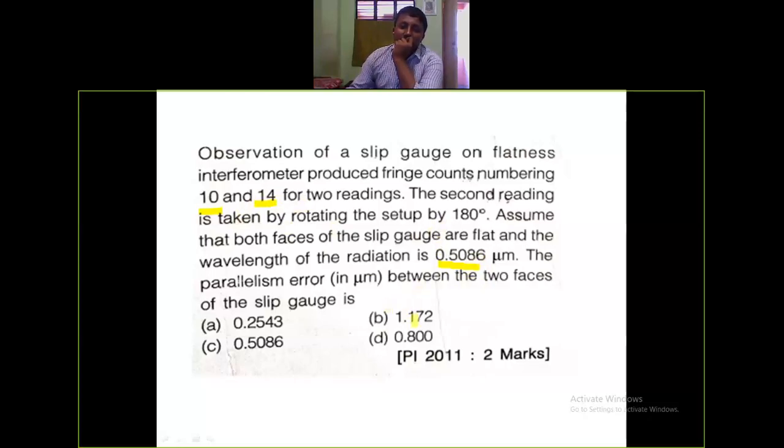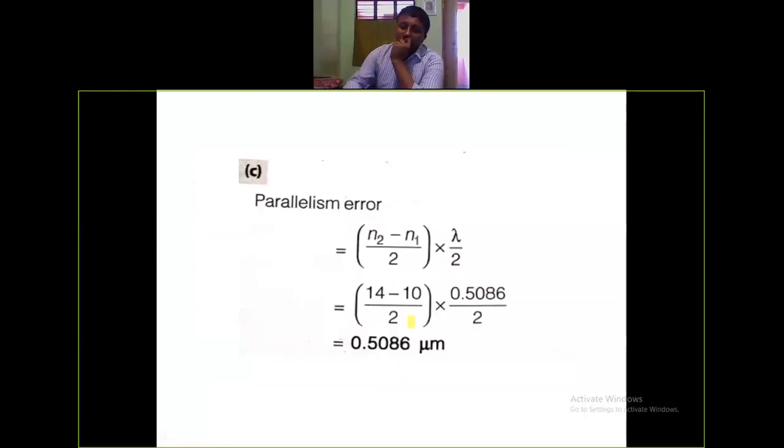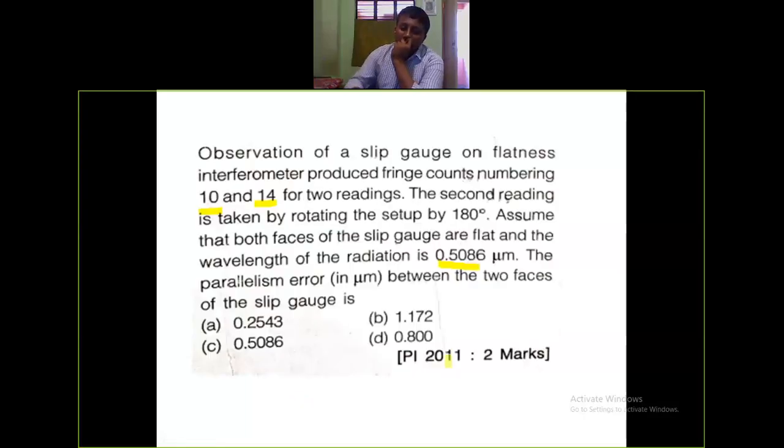You will get the value 0.5086 micrometer. So the correct answer will be this one.